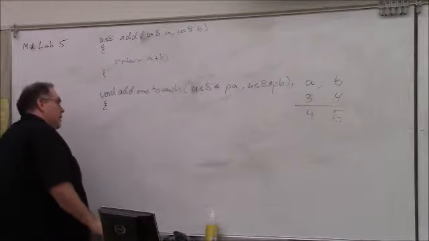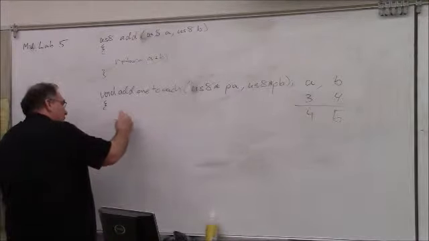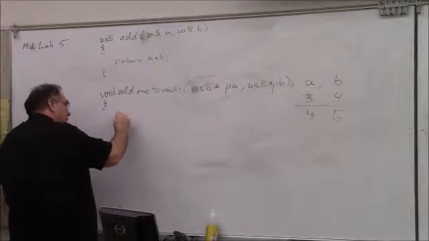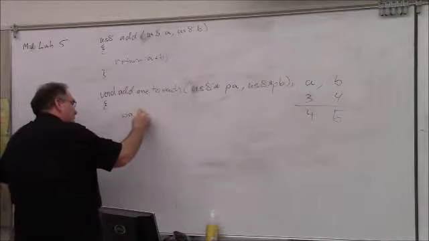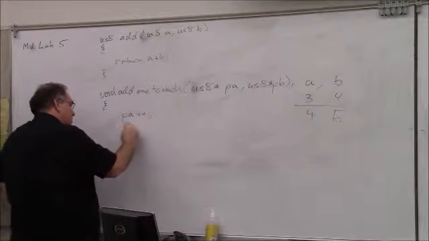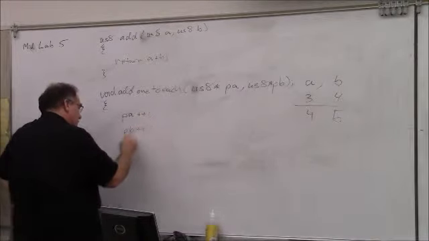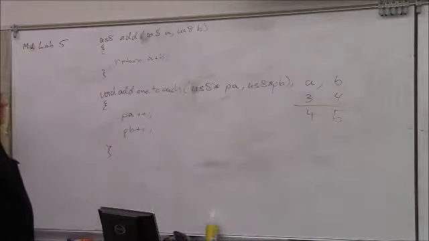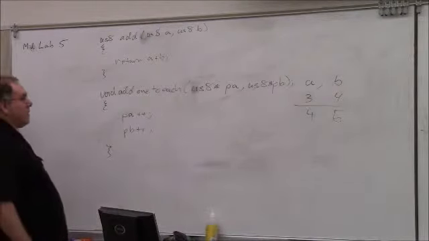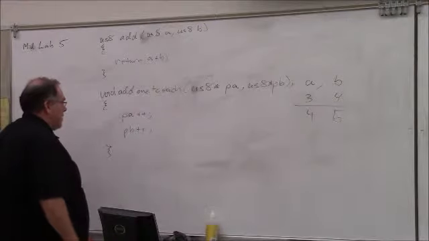Now, if PA and PB were simply variables, we could just go PA plus plus, PB plus plus and be done with it. But they're not variables, they're address locations.